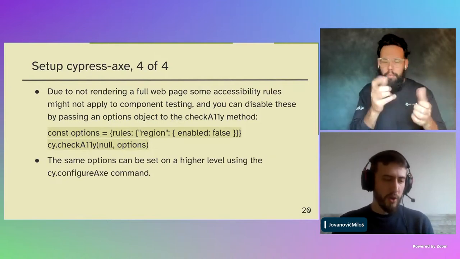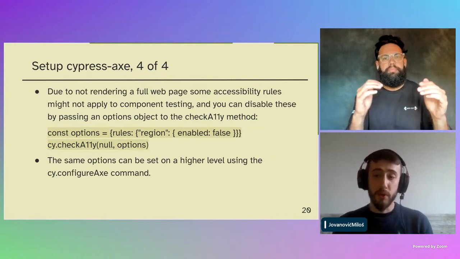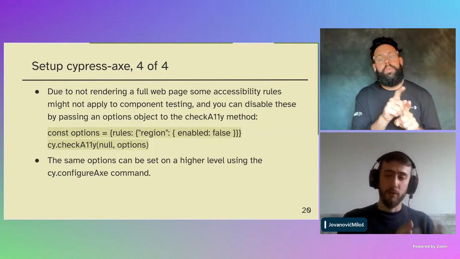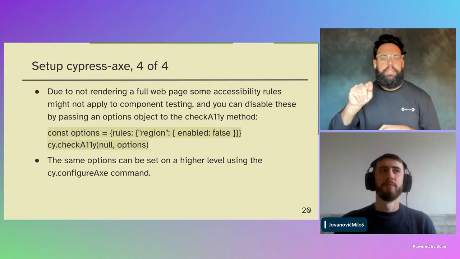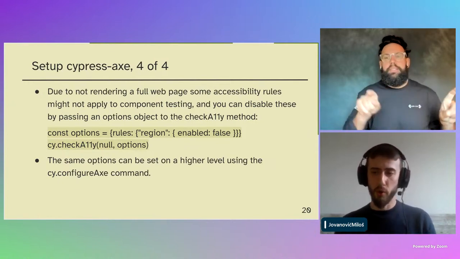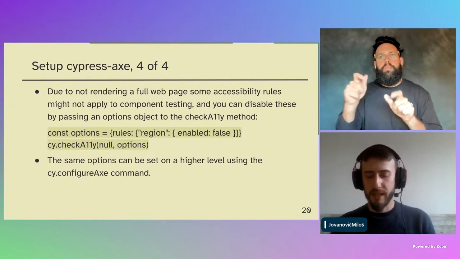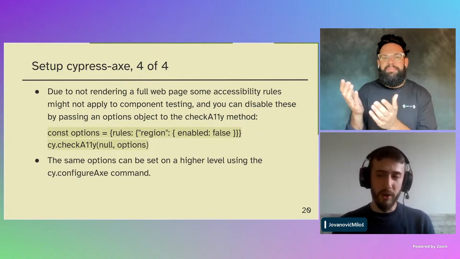There are also a couple of things to think about with Cypress component testing in comparison to end-to-end testing. Due to not having the full page rendered, not having the full flow, there are some accessibility rules that are not relevant for the individual components.